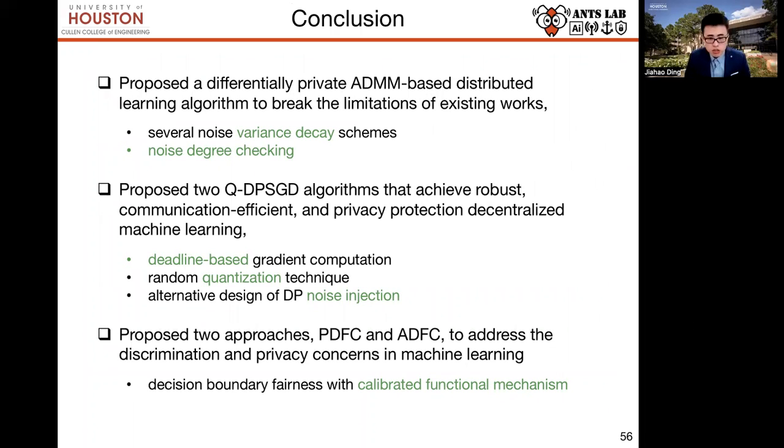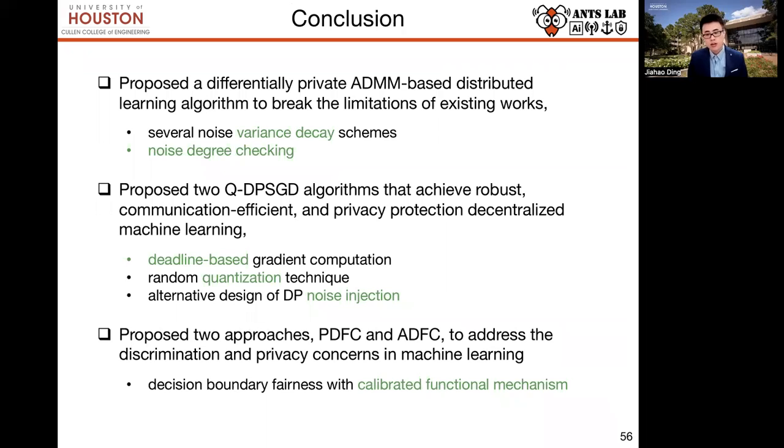In my presentation, we first proposed a robust and differentially private ADMM algorithm by introducing several techniques to break the limitations of existing works, such as several noise variance decay schemes. We also proposed two DP-SGD algorithms, which can achieve robust, communication-efficient and privacy-protected decentralized machine learning.